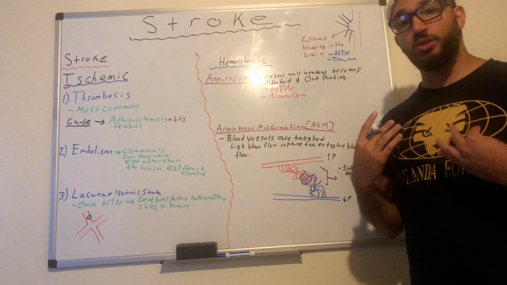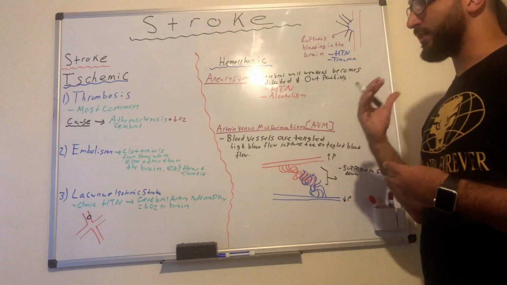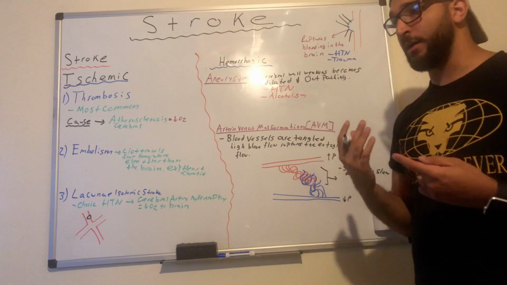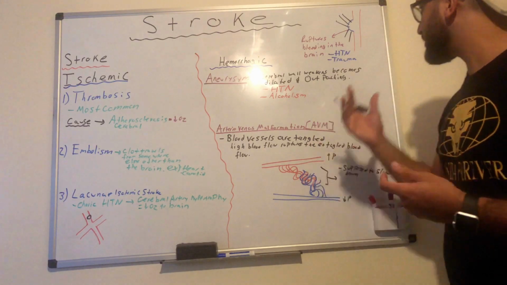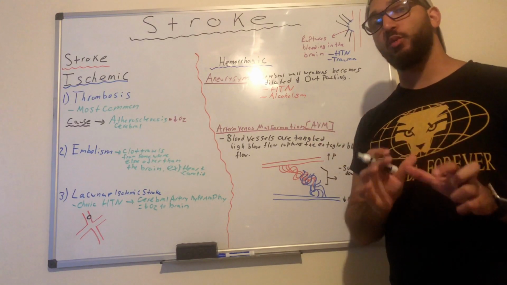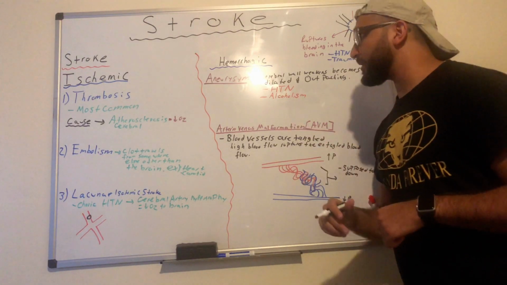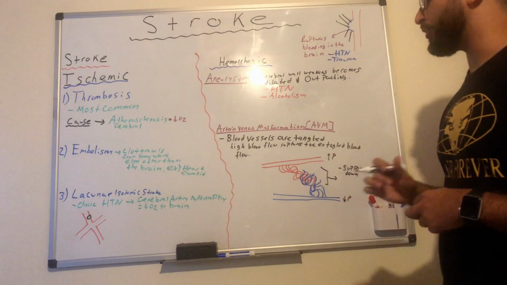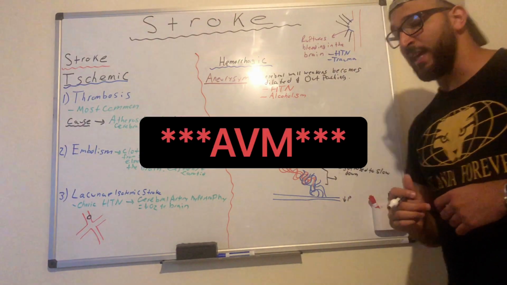Also, if there's trauma, such as being hit in the head by some kind of outside force, that could also rupture the aneurysm.